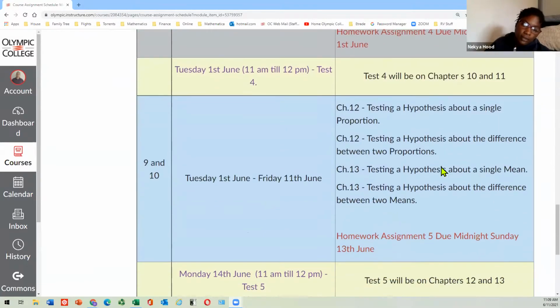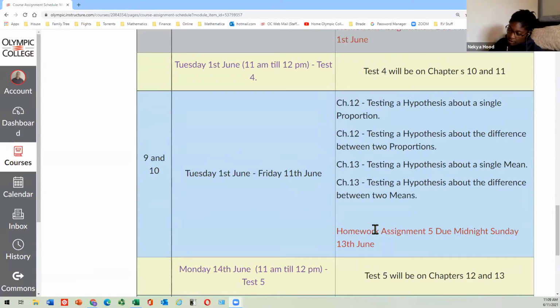So test 5 is on hypothesis testing. There are 4 topics and 4 questions. You're going to get 1 question on a hypothesis test on a single proportion, and a question on a hypothesis test with the difference between 2 proportions. When you get that one, it's going to be the P1 hat, Q1 hat over N1 plus P2 hat, Q2 hat over N2, the one you were taught.